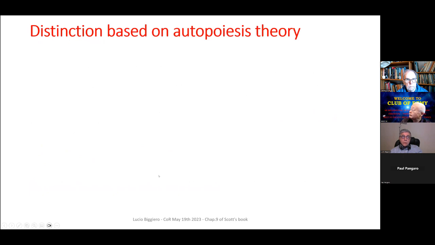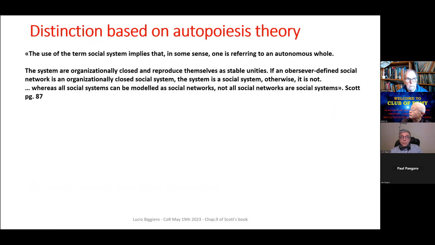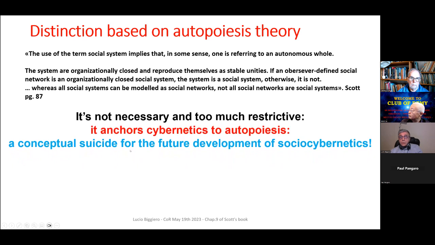And so here we come to a point in which I actually disagree with Bernard, because he bases his distinction and his theory of these differences between social networks and social systems on autopoiesis theory. Because actually it's just the requisite of organizational closure. But in my view, it is absolutely not necessary to make this restriction, this constraint. And this constraint anchors cybernetics to autopoiesis.